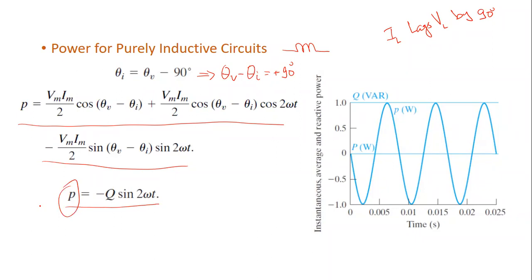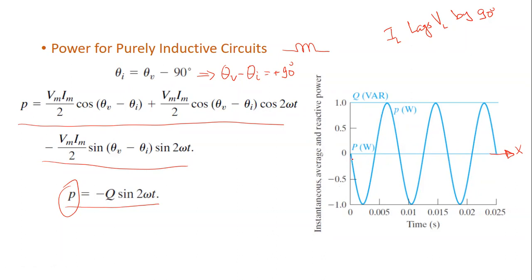If we draw this instantaneous power, we will see that it is also a sinusoid with double frequency. Please pay attention to the x-axis here. This double frequency sinusoid is symmetrical with respect to the x-axis. Its positive peak is 1 unit and its negative peak is negative 1 unit.